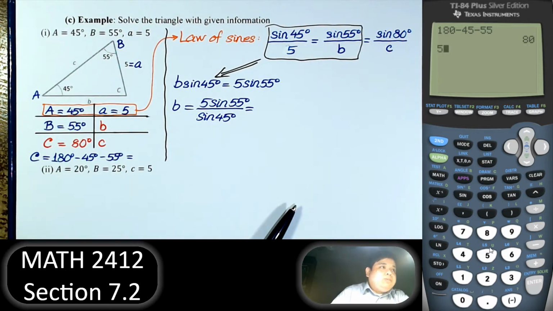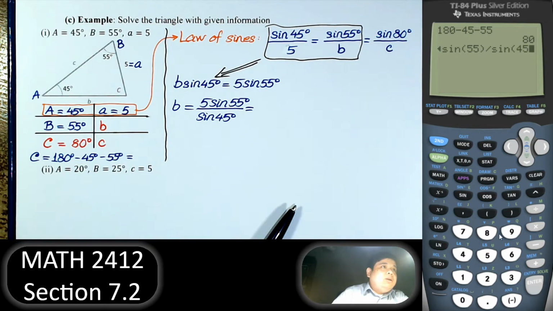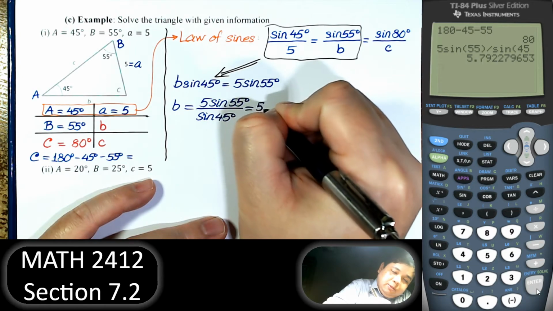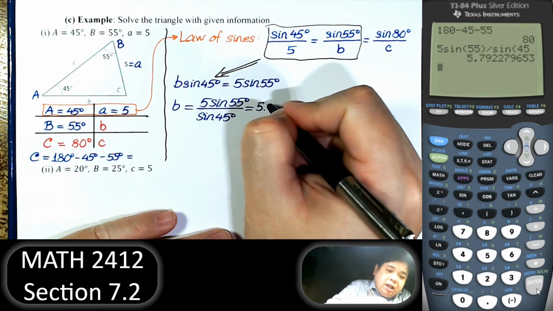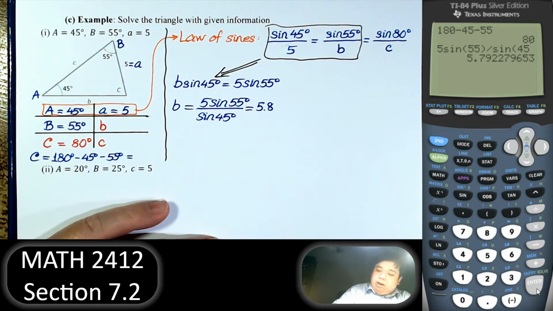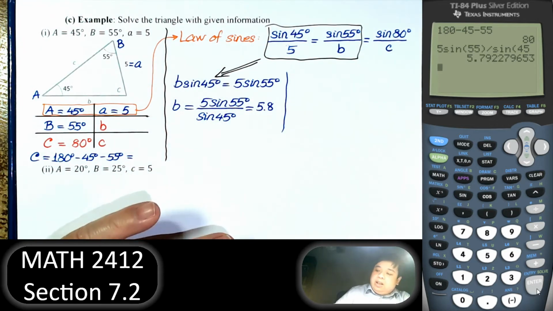By the way, it is in degree mode. 5 times sine of 55 divided by sine of 45, and yeah, so 5.79. Just keep 1 decimal place, 5.8. Right, that's the first ratio.